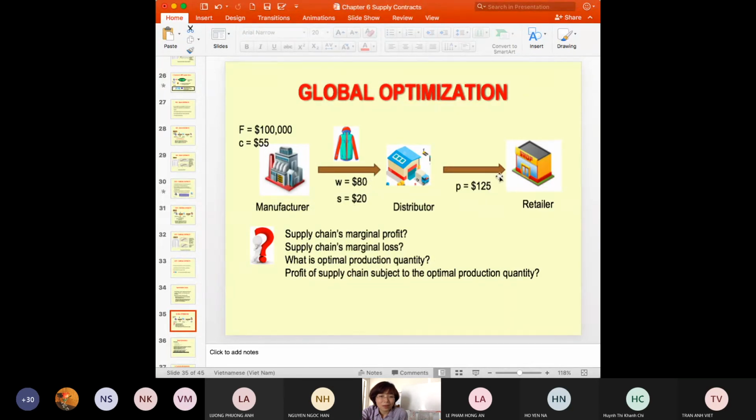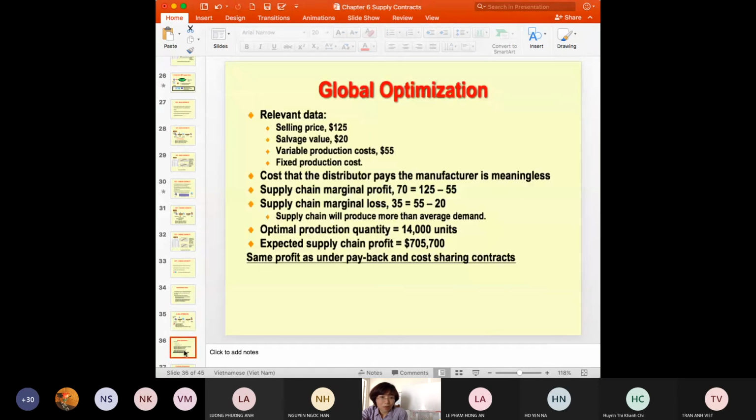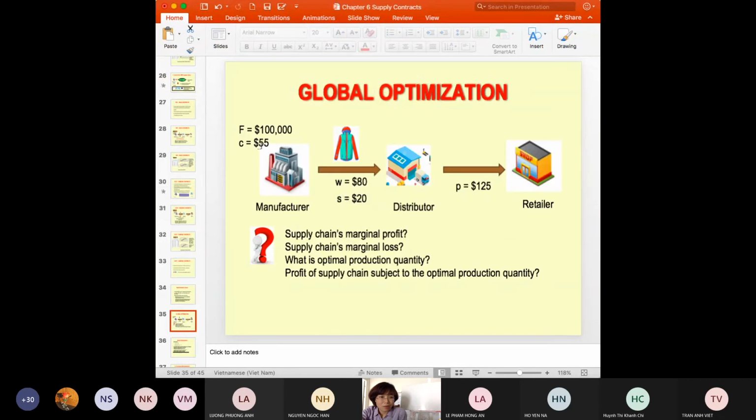If you take the selling price to the retailer and subtract the variable cost, you get the supply chain profits, right? And the supply chain marginal loss: you take the loss, 55 minus 20.